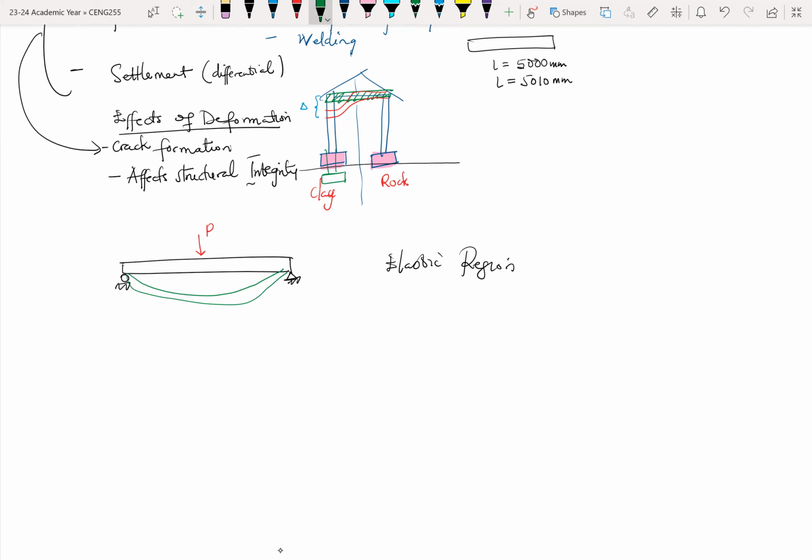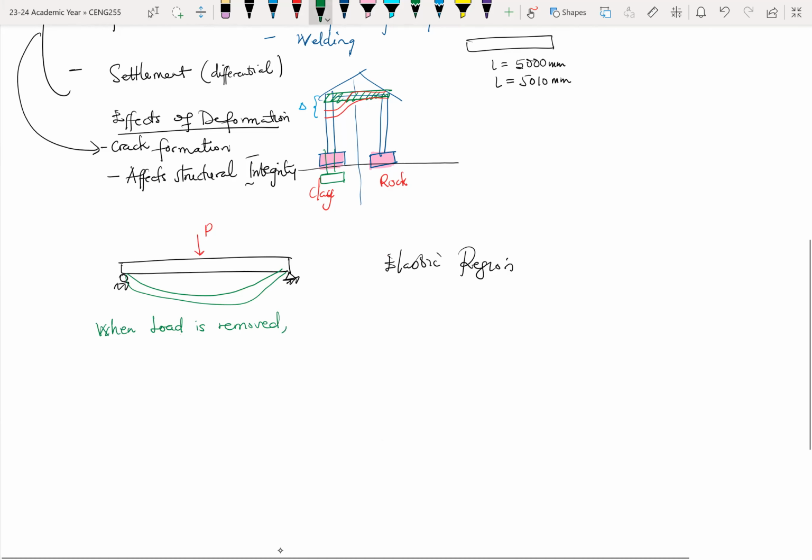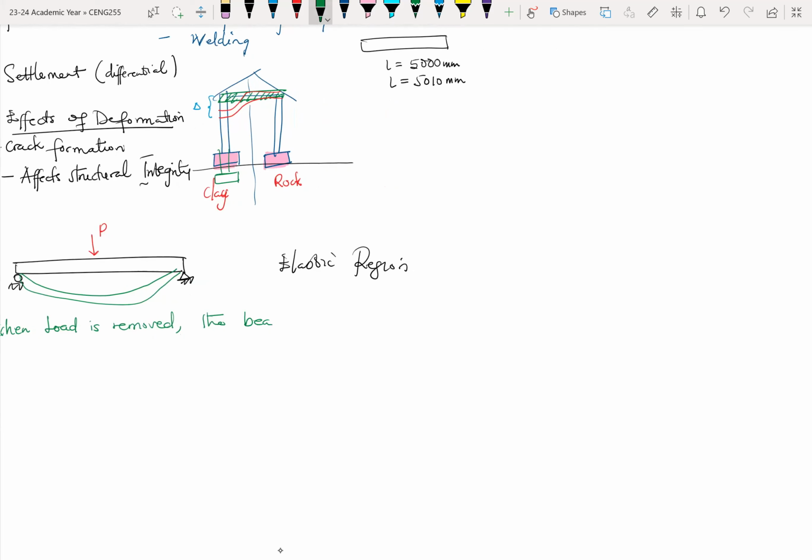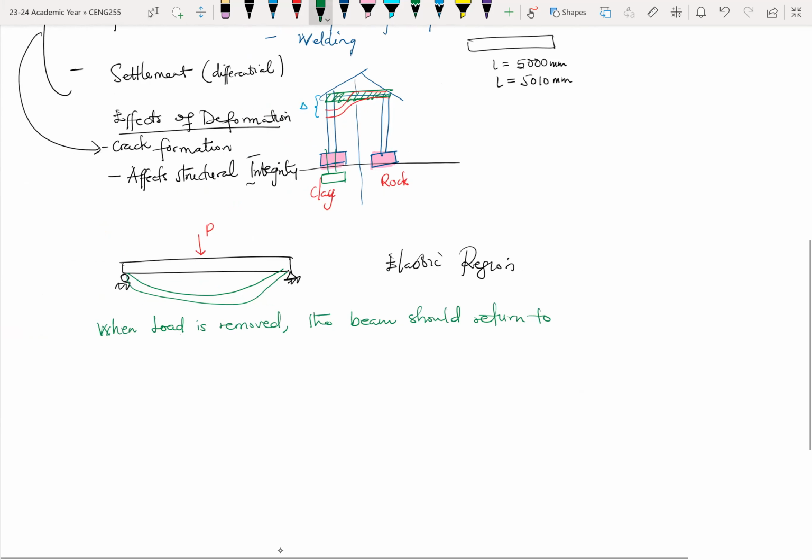Now, when we take the load away, when the load is removed, the expectation is that the beam should return to its initial position.